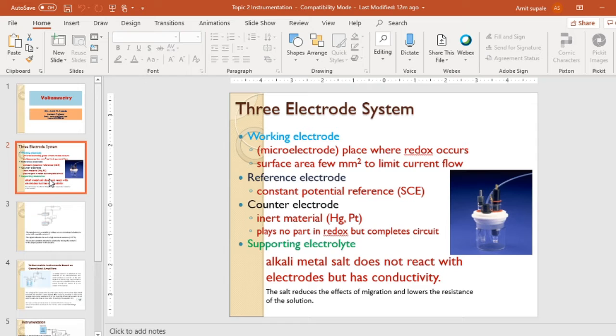Although this was quite successful, when the resistance of the solution is very high, the IR drop increases and distorted voltammograms were observed. So the 3 electrode system is now always preferred over the 2 electrode system.